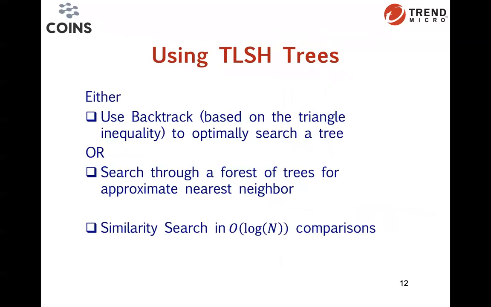So that's the first method mentioned. We can use backtracking to optimally search the tree, or we can just build a forest of trees and achieve approximate nearest neighbor. These methods achieve order log n fast search. So we only have to do order log n comparisons in our search.